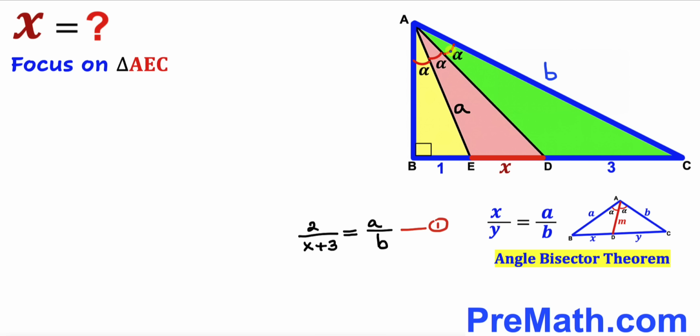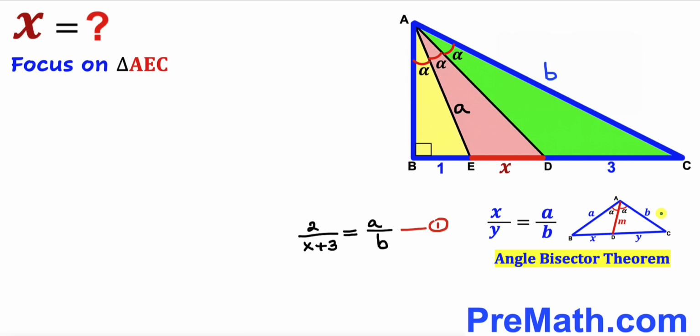Now we are going to focus on this triangle AEC along with this angle bisector AD, such that this angle is alpha and this angle is alpha as well. And this time for this triangle AEC, we have this segment DE length as x, and this segment CD length is 3.